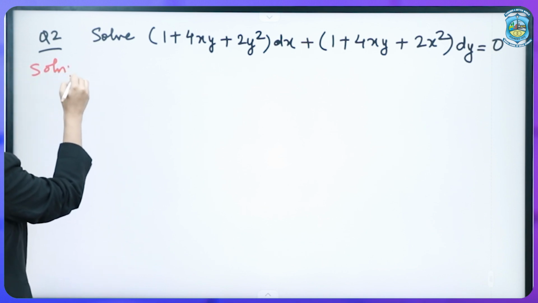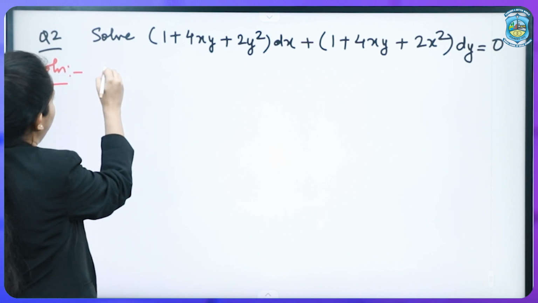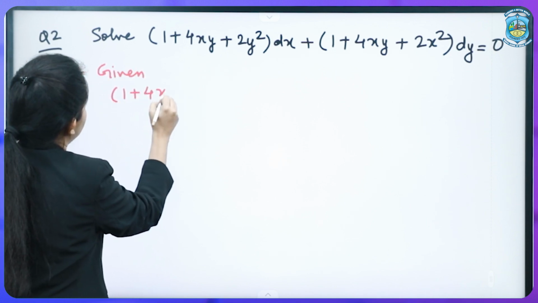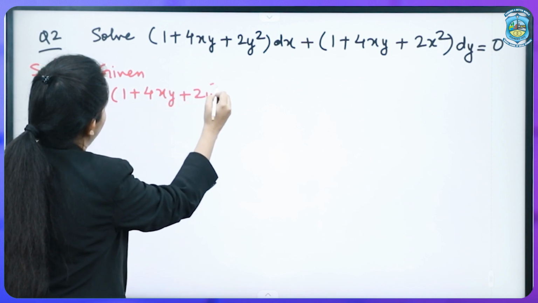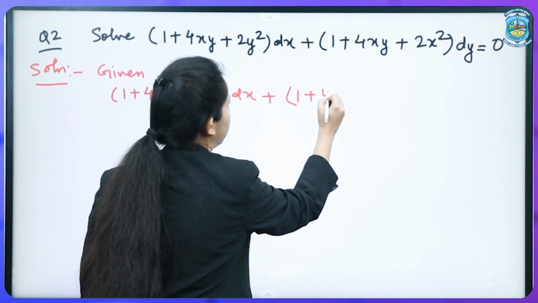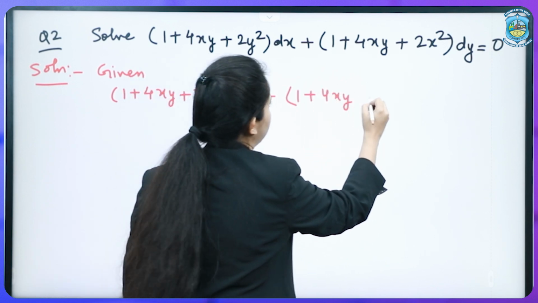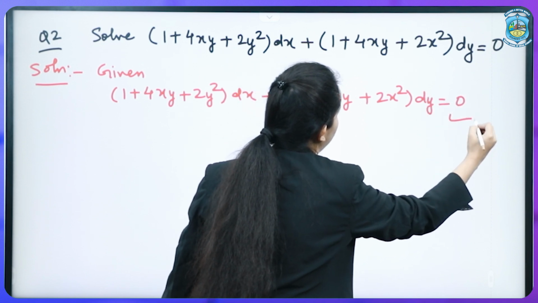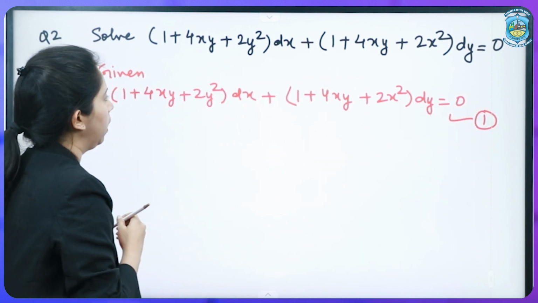Step 1 is to write the given differential equation: (1 + 4xy + 2y²) dx + (1 + 4xy + 2x²) dy = 0. We will mark this as equation number 1.